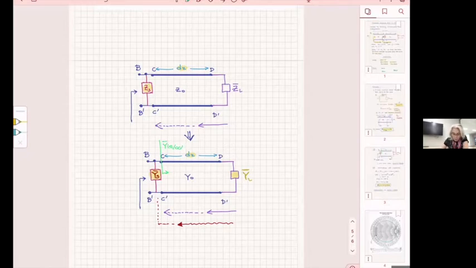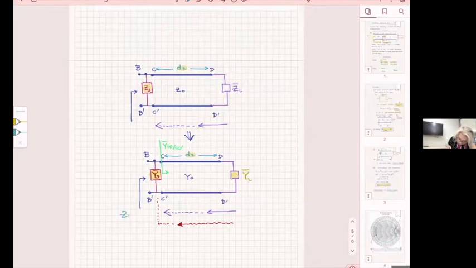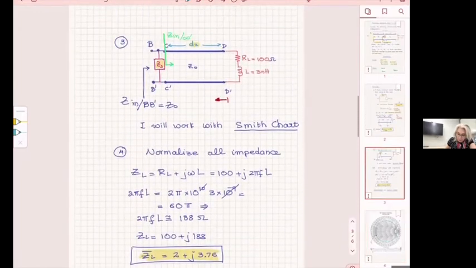So since Y sub S can only be reactive, number one, and since Z input, if you remember from before, at BB prime has to be, remember what we said it has to be? Z naught.